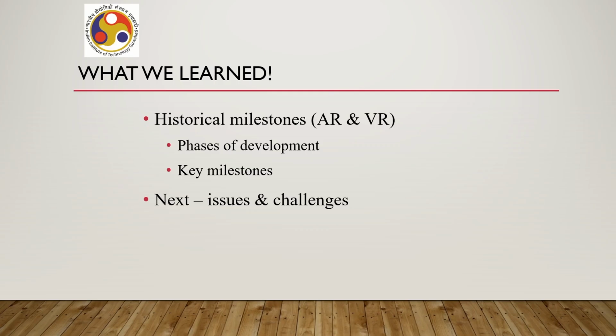Similarly, we tried to categorize the evolution into four phases for AR, and we have seen what are the notable developments during each of these phases. Now, that is in brief the historical evolution of the field, and I hope you have enjoyed this brief exposure to history. There are many more things that happened. We only covered some key developments.